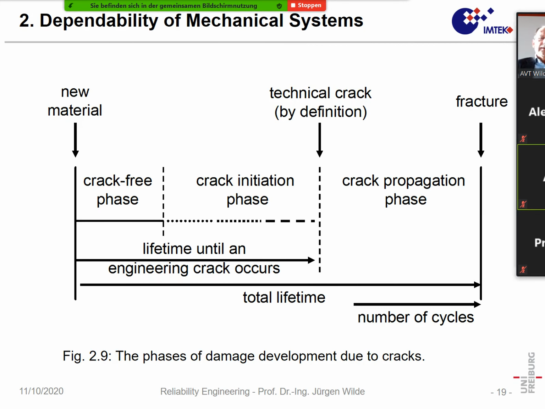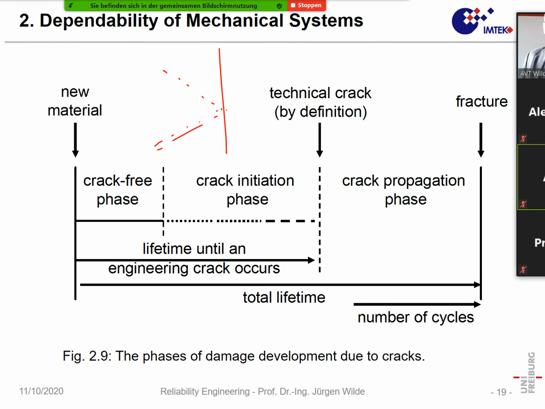And now let's have a look into the material. When we again plot here the number of cycles, or log number of cycles, we have first a crack-free phase. So let's think that is the material and here is the surface. In the crack-free phase, nothing will happen, but we can have in the material some dislocation movement.